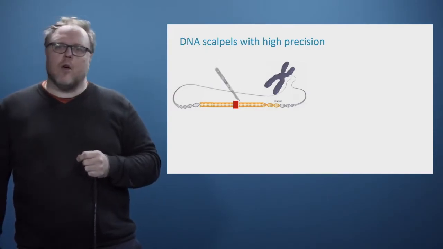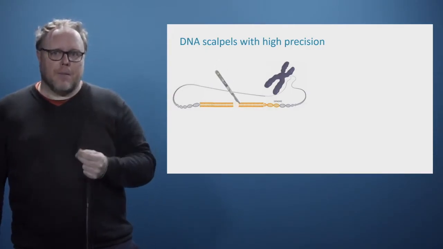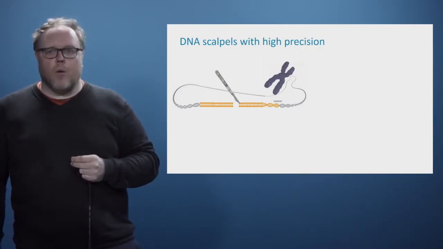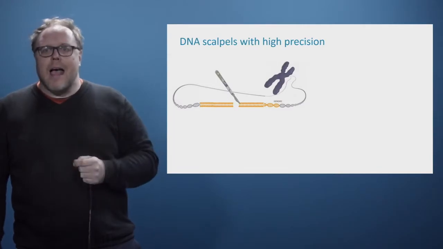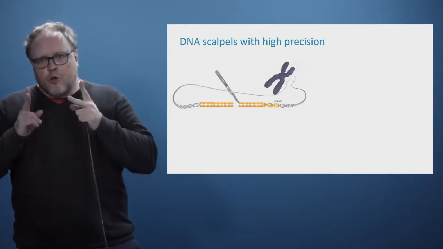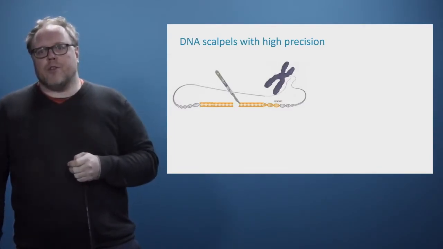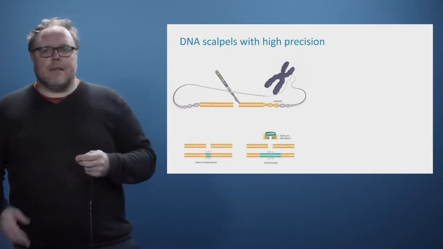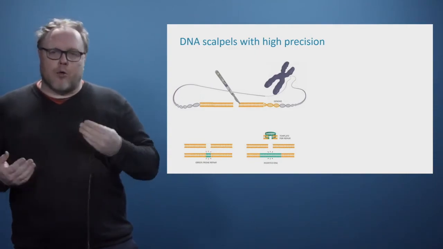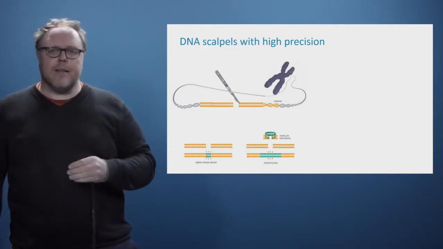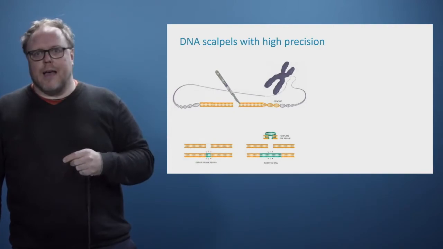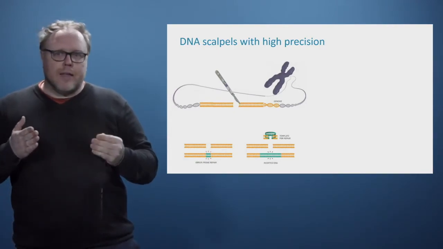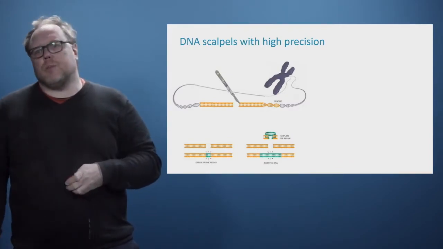But of course, for this, we need molecular scalpels, which are going to specifically target the area we want to change. And the key ingredient there is to introduce a double-stranded break in the DNA molecule. In the next step, this is then repaired by the correct DNA, here highlighted in green, by non-homologous end joining or by homologous recombination, allowing you to delete, insert, and modify specific sites.